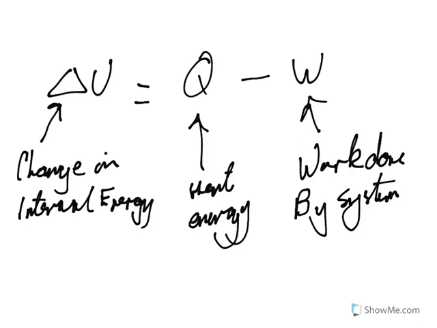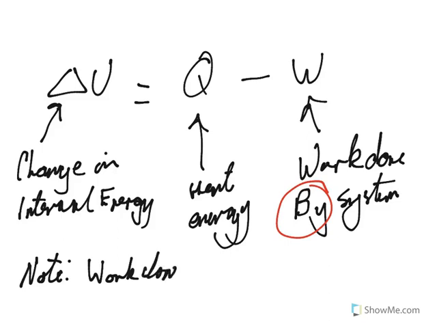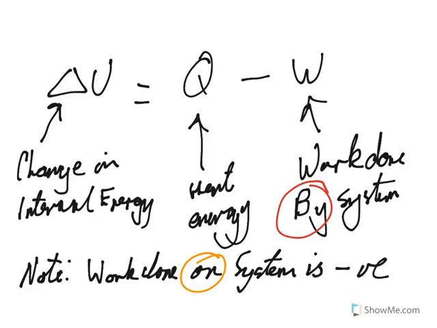Now a little bit of a note, and this is a bit of an anomaly, and chemistry actually views this differently. Work done on the system, you'll notice here it's by the system, but work done on the system is considered negative.